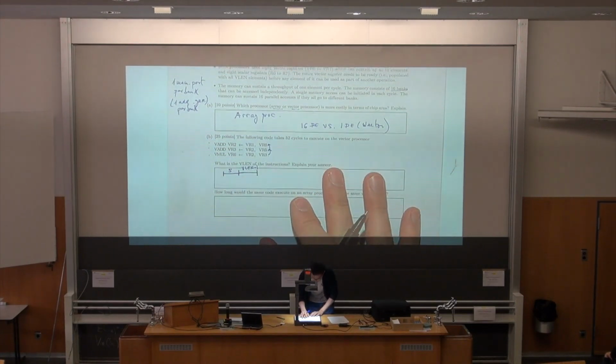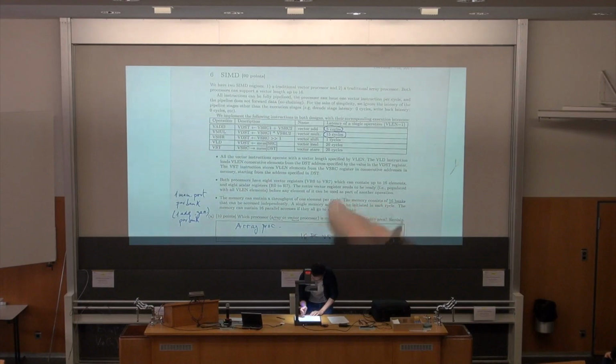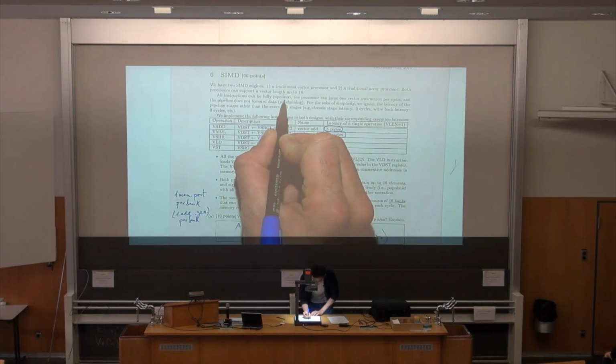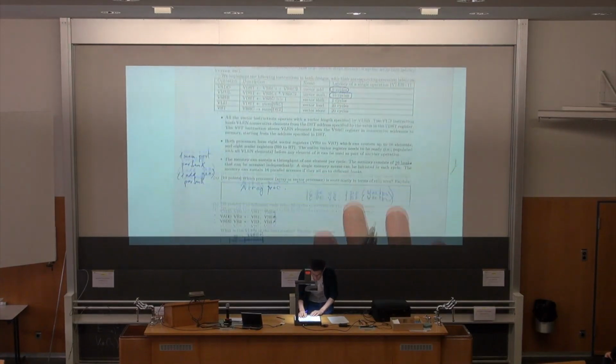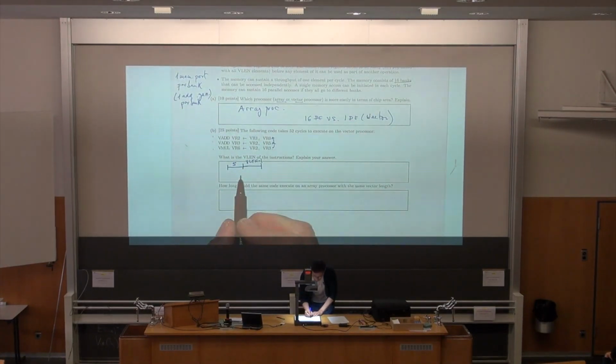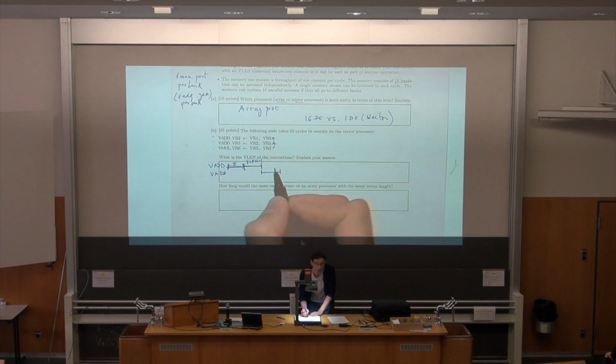It's also important to consider here, something I forgot to mention before, that there is no chaining in this processor. So it's not possible to overlap the execution of this first vector add with the next vector add after finishing for the first element. So we will start with the second vector add after completely finishing for all vector elements with the first vector add.